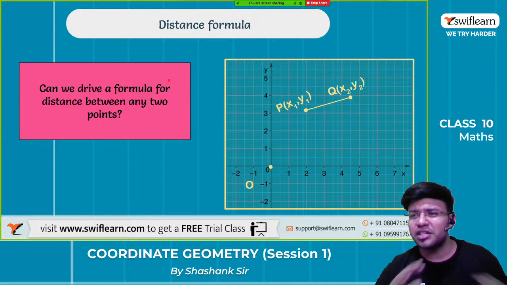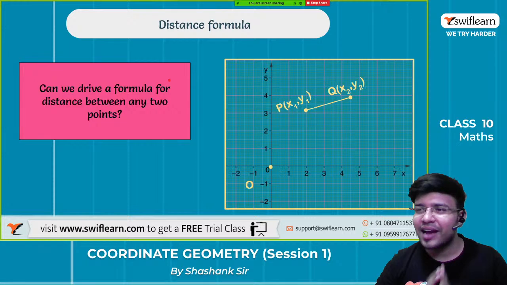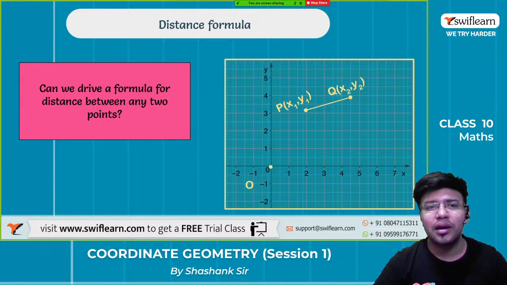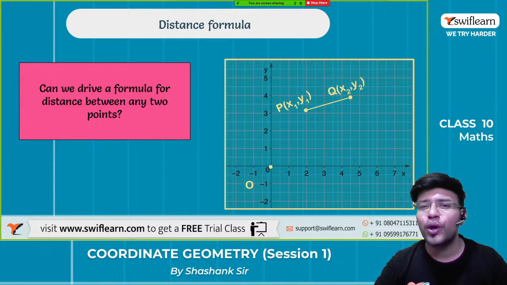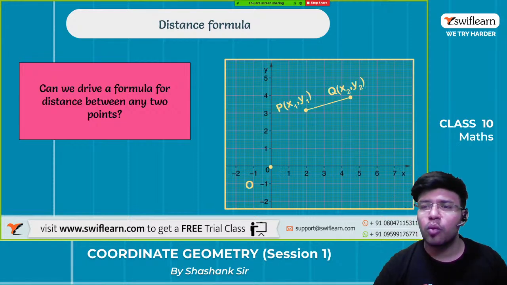With all the things we have learned, can we derive the distance formula between any 2 points on the Cartesian plane? Yes, we can. Consider point P (x1, y1) and point Q (x2, y2) in a Cartesian plane as shown. Let O represent the origin.